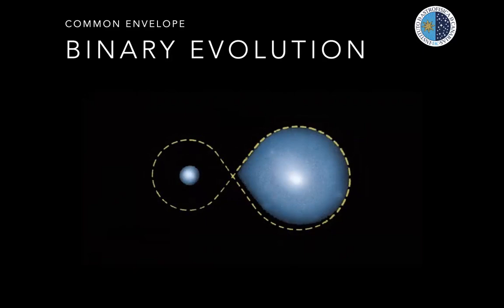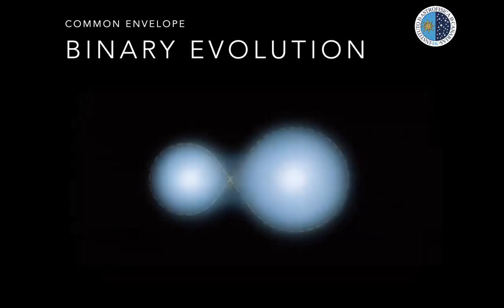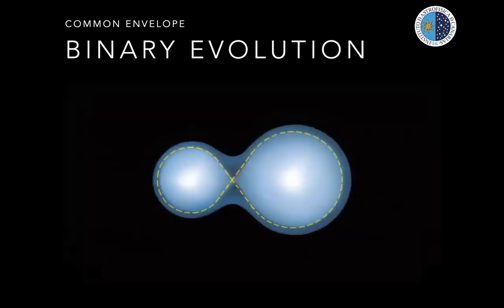There's at least a few hundred years of semi-stable or non-conservative mass transfer, which means that the system doesn't completely go into the common envelope phase, but instead manages to transfer some material onto the companion, making the companion swell up, producing these jets before something happens to trigger this runaway and the formation of the whole common envelope.